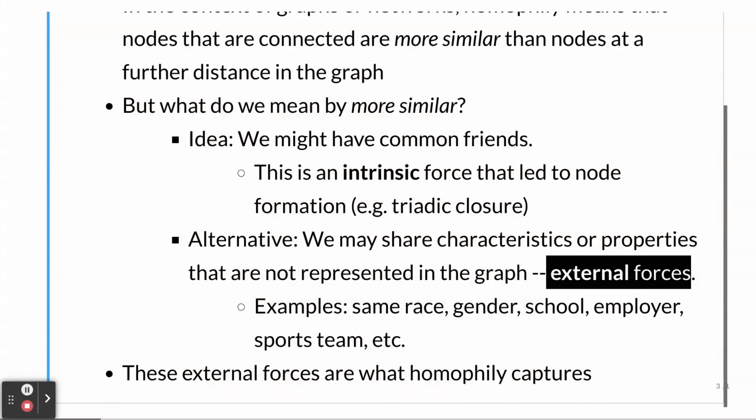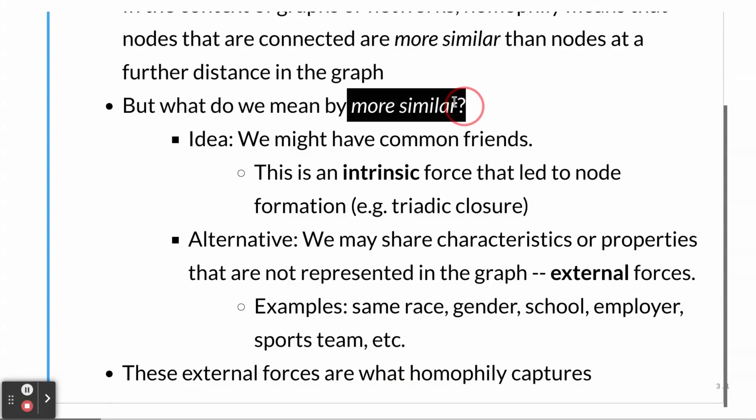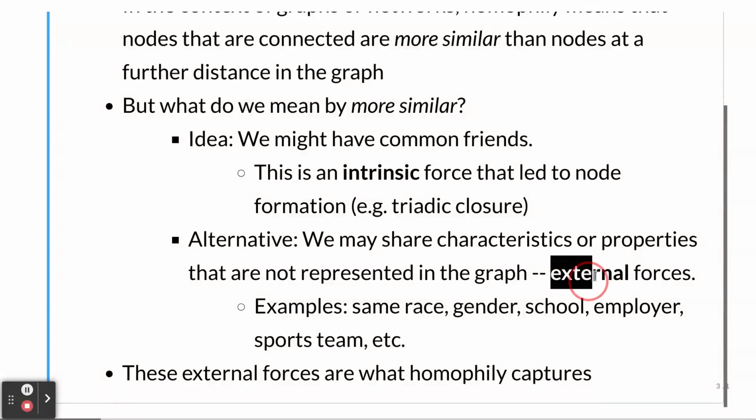So, the quick summary here is we can think about nodes being similar either by the intrinsic properties of the graph or by extrinsic or external properties associated with each node, but not explicitly represented with the edges.